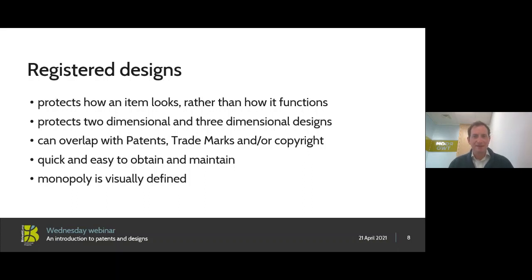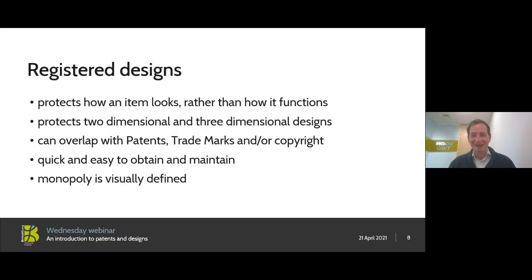And thinking about the telephone example, we can protect the 3-dimensional design, so the form of the phone, but also the 2-dimensional pattern, decoration as well. And I'll show you a famous pattern in a minute, and you'll see what I mean. That's a pattern as opposed to a patent.